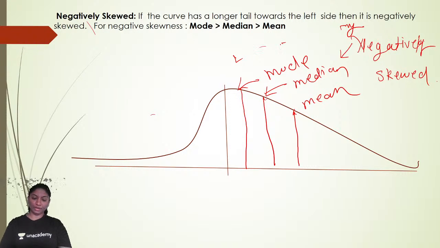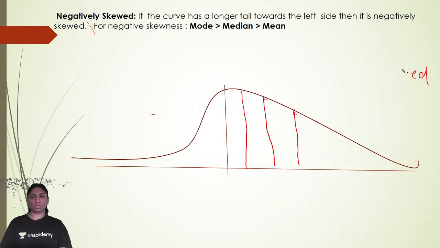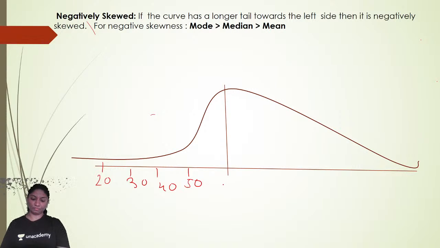Now see negatively skewed. If we take the data of marks scored by students in an easy test, suppose marks range from 20, 30, 40, 50, 60, 70, 80, 90, 100. The central value is 60.